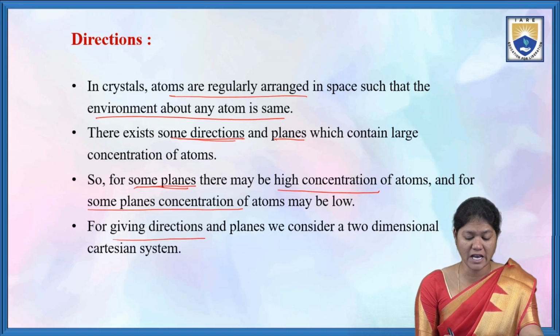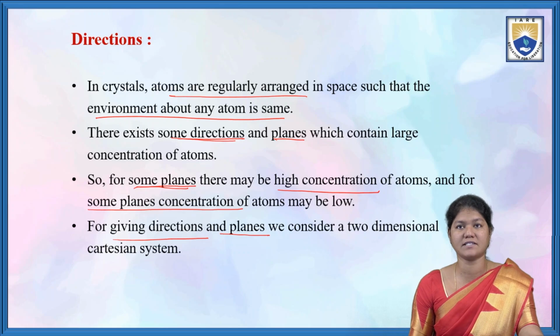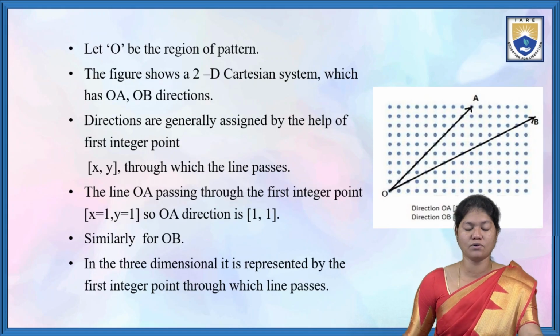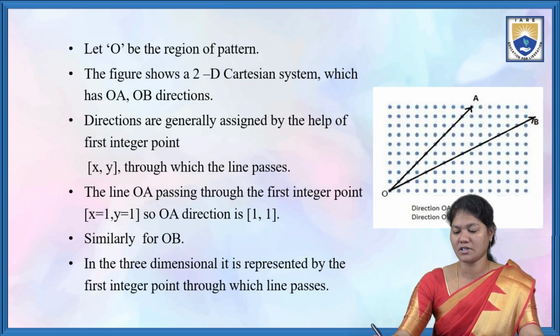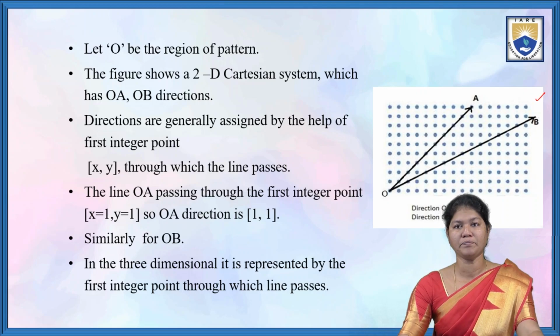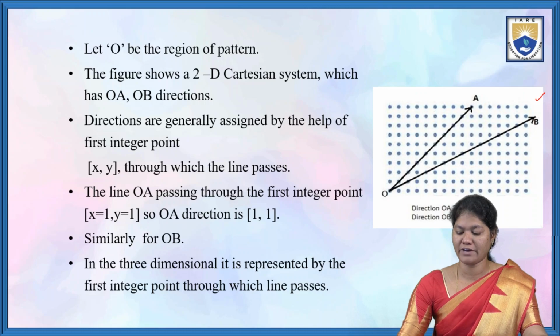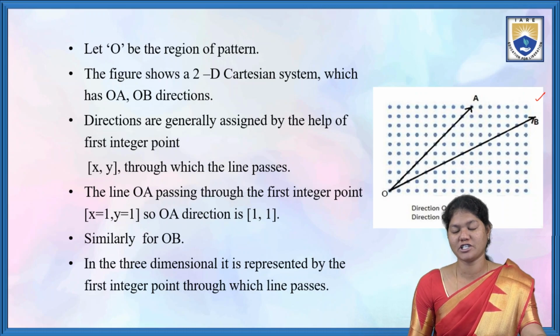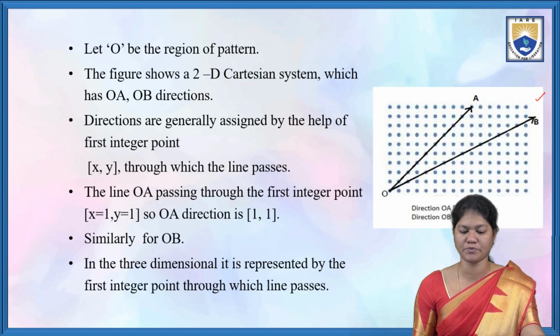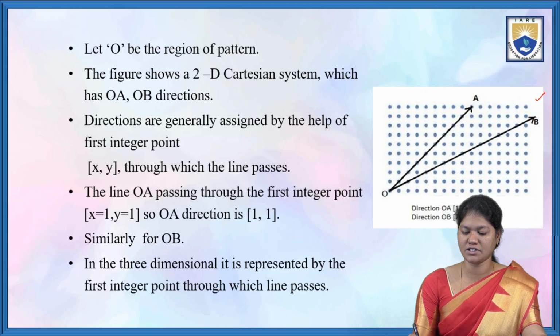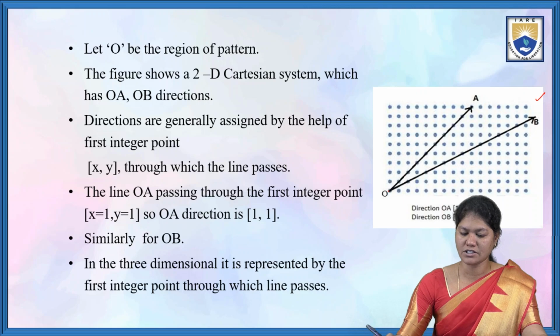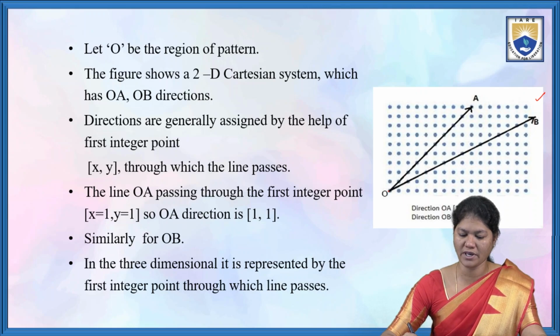For giving directions and planes, we consider a two-dimensional Cartesian system, as you can see in the diagram. Let O be the origin. In this figure, the 2D Cartesian system has OA and OB directions.